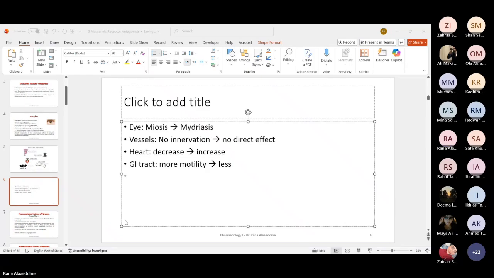Okay, now let me pick somebody else. Sarah. Can you tell me the effect on the bladder? Is it more muscle contraction or less muscle contraction in muscarinic? Less. No. So guys, you can tell me what's the effect on the bladder.